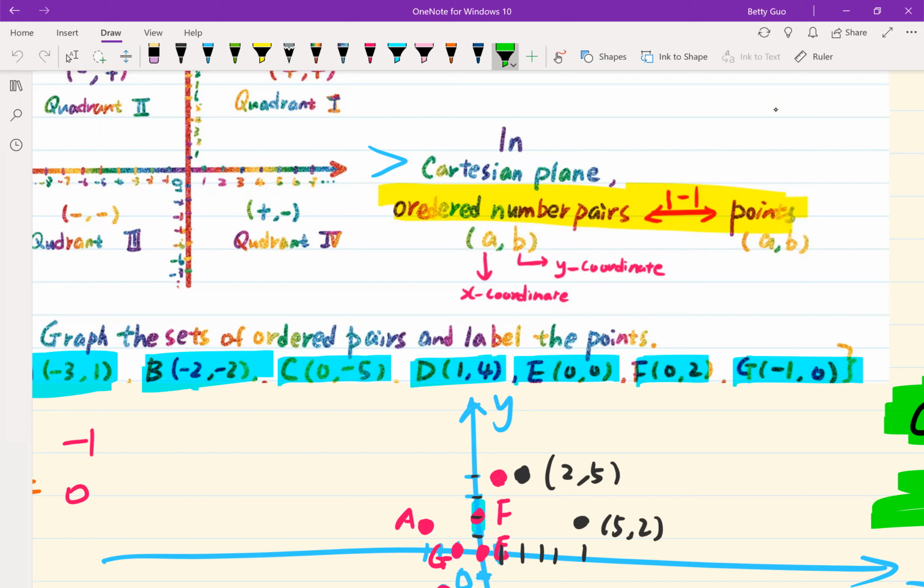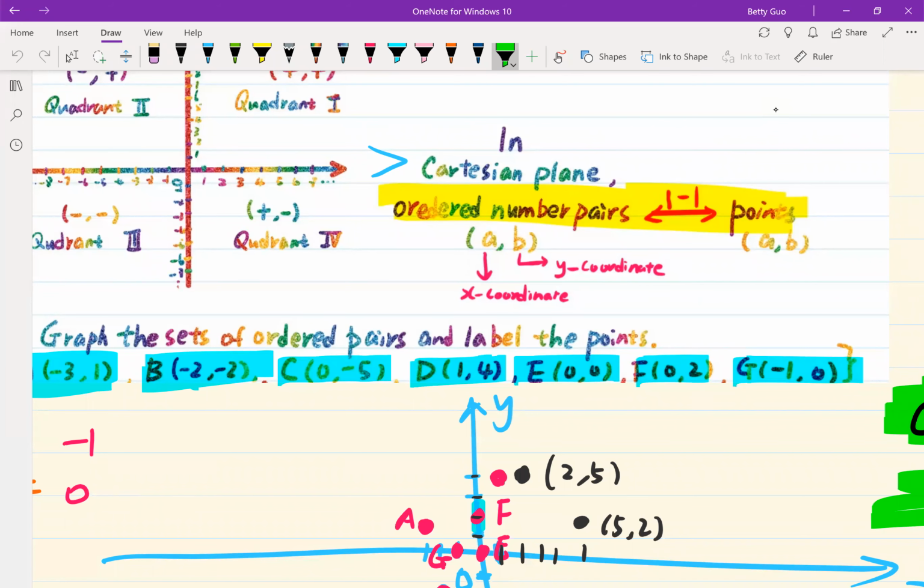Vice versa, for any given point on the plane in a rectangular coordinate system, there's only one ordered number pair corresponds to it. One-to-one correspondence relationship.